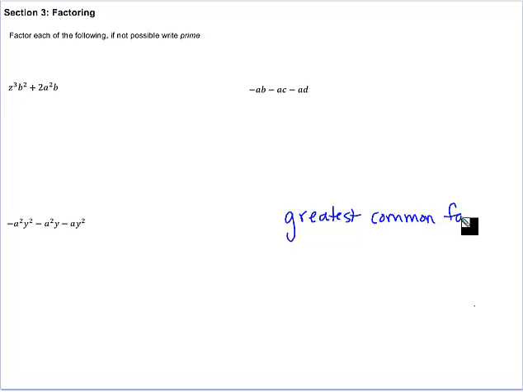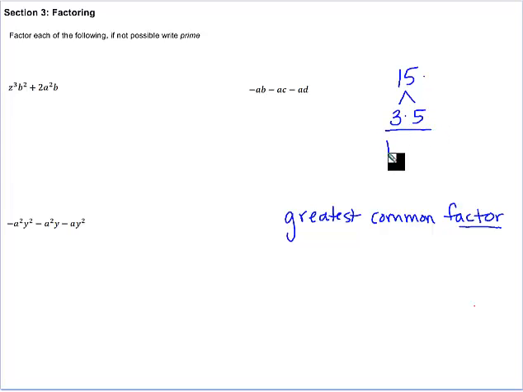This is always going to be the first thing you do whenever you have to factor: you want to figure out what the greatest common factor is. Now, that word factor means we want to break it down to everything that it's made up of. So, for example, if you were to factor 15, you go, okay, well, 15 is 3 times 5. So the factors of 15 are 3 and 5.